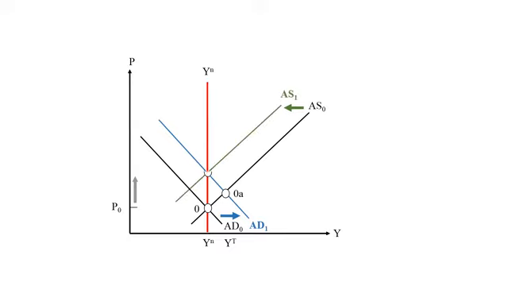Thus, the economy moves from point 0A to point 1. The economy again returns to the natural unemployment rate, but this time equilibrium is at a higher price level, P1.